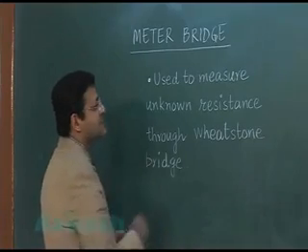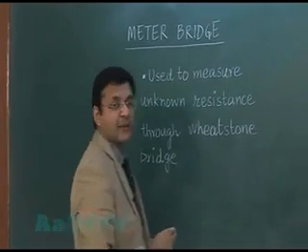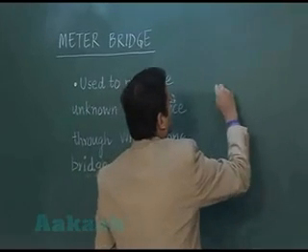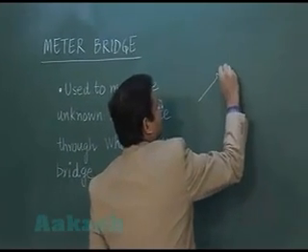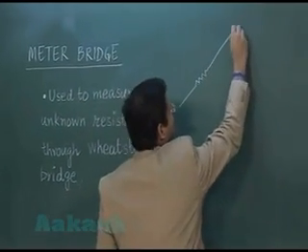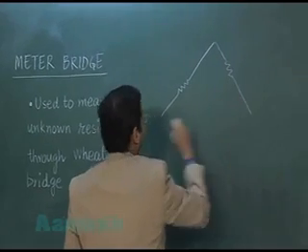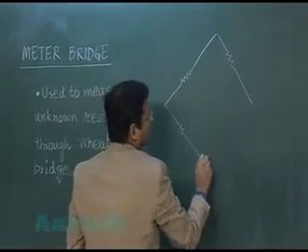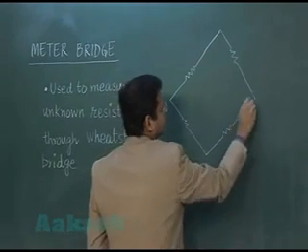Before I discuss this meter bridge, let us recapitulate what was Wheatstone bridge. We had said that it's a combination of 5 resistors. Let us suppose I am denoting those resistors like this.